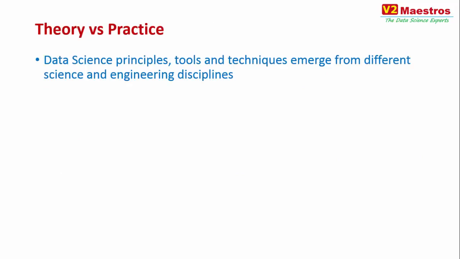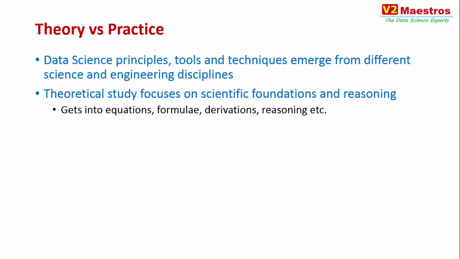So theory versus practice, this is a very important thing. I want to bring it up upfront, is that data science principles, the tools, techniques, they emerge from different branches of science and engineering, like statistics, probability theory, mathematics, information theory, artificial intelligence, programming. So it is a transdisciplinary subject that takes concepts from a lot of these things.